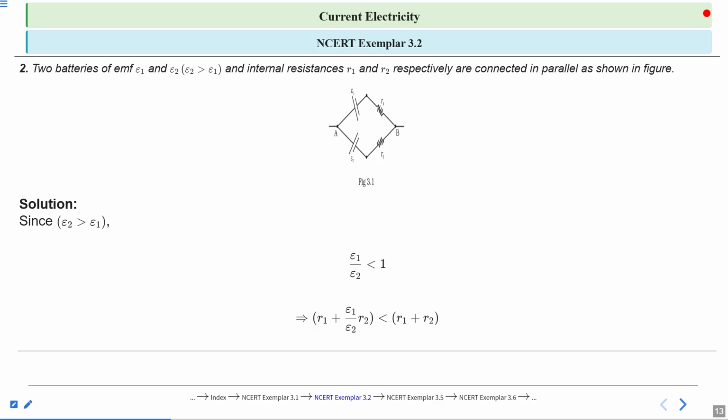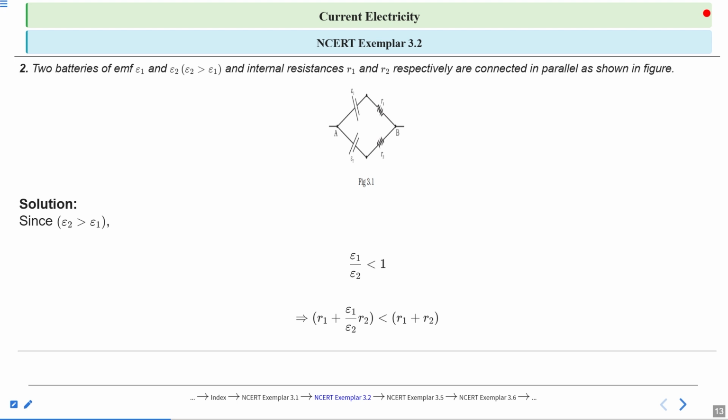Epsilon 1 upon epsilon 2 is less than 1, and it is multiplying by R2. So if some value less than 1 is multiplying with R2, the whole term will be less than R2. So this left term will be less than R1 plus R2.